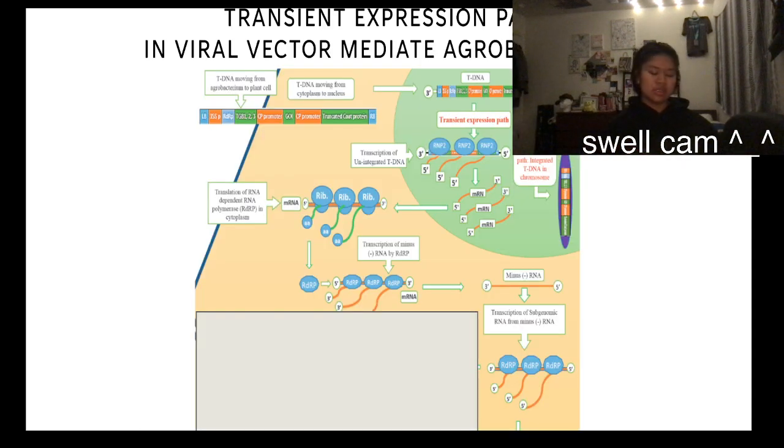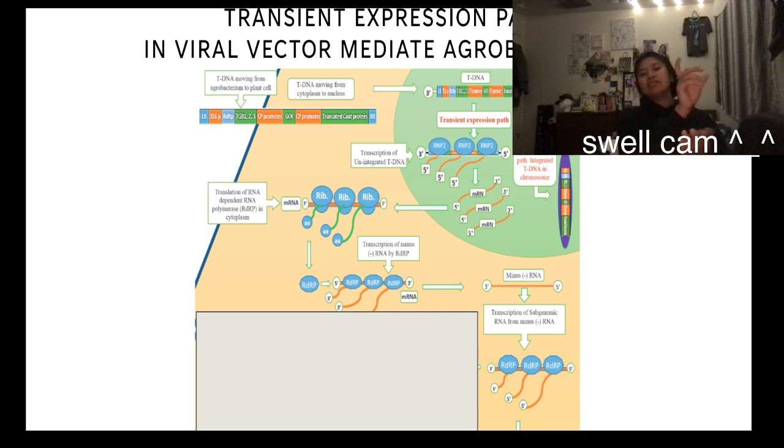Okay, so now we're going to talk about transient expression in viral vectors mediated through agrobacterium. As you can see, the tDNA is facilitated through the agrobacterium. The agrobacterium will either sense plant injury signals or synthetic plant injury signals, and that will basically facilitate the tDNA that is in your plasmid.